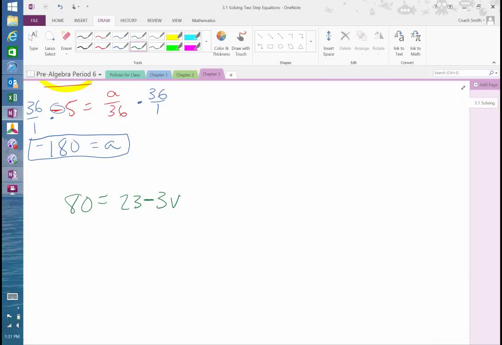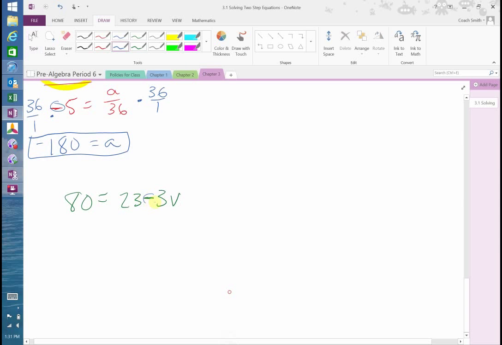Okay? What I want to do here is this. Because there's a subtraction sign in front of the number that's in front of the variable, I want to go ahead and change it to 23 plus negative 3v. Okay, because if you don't, then you'll lose track of that negative sign. Okay?